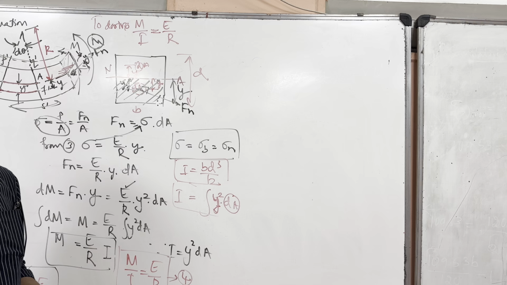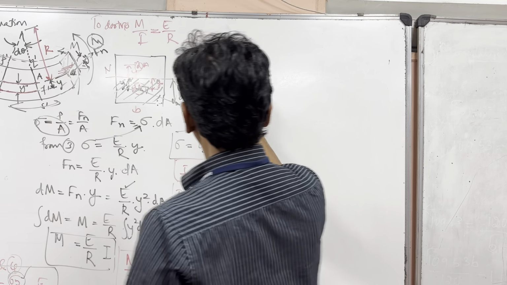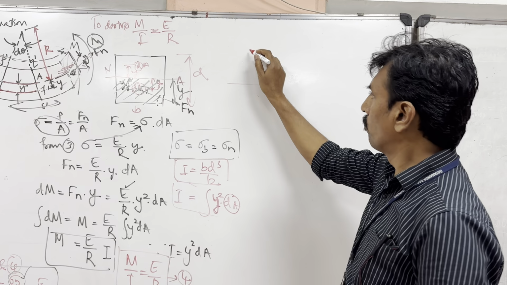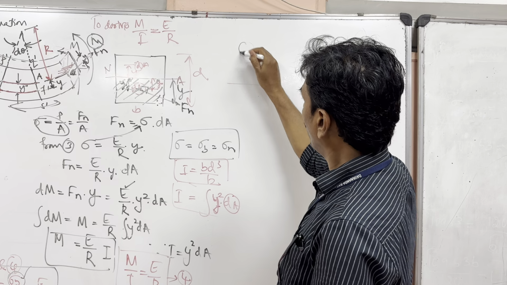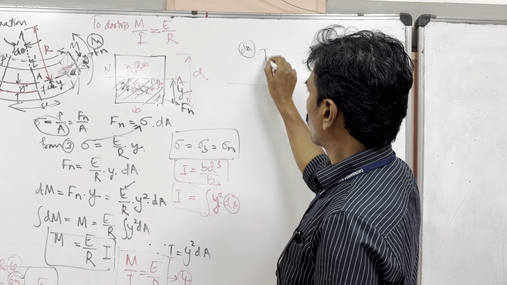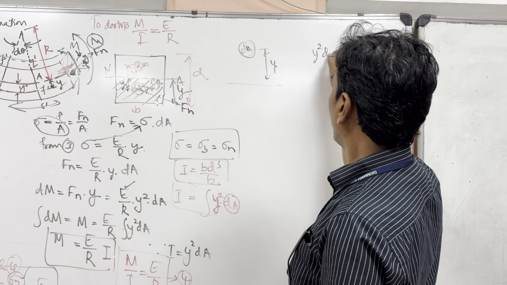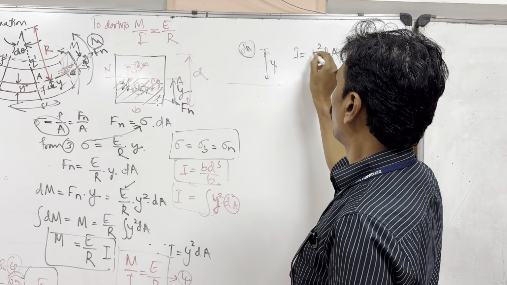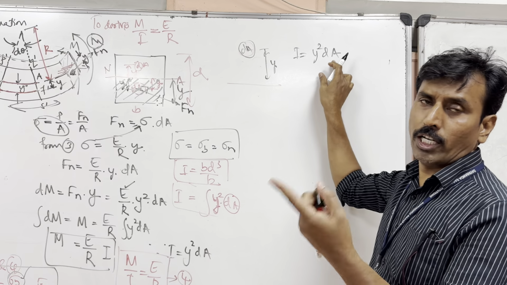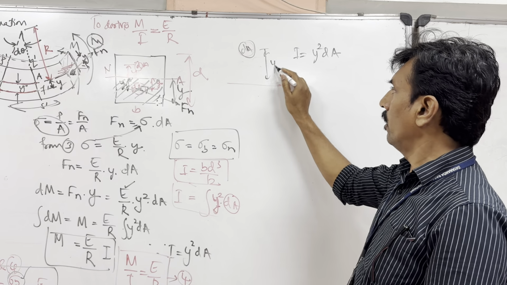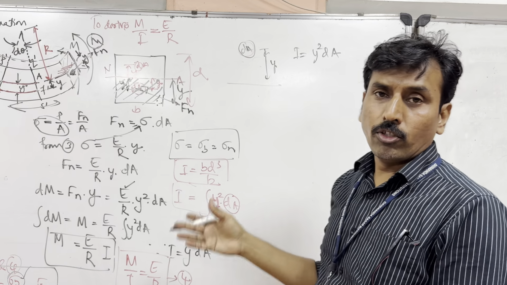So if you want a beam which is very strong, if you got more area at a larger distance from the neutral axis, it is y squared into dA, so I will become more. If simply area becomes double, I is only going to double. If this y becomes double, I becomes 4 times.